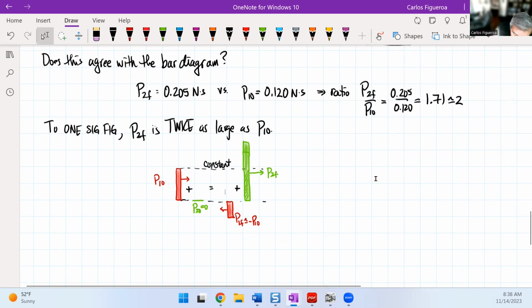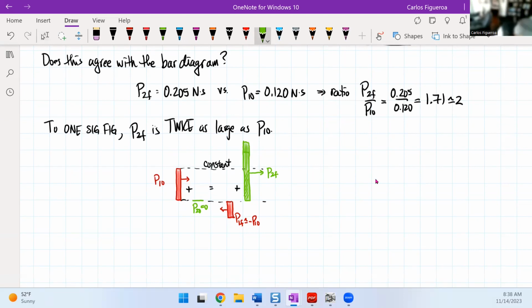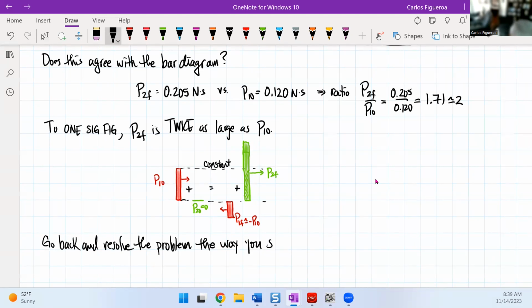So now that I'm showing you that these bar diagrams really do make physical sense, I want to go back and resolve the problem the way you should do it for problem sets and quizzes.